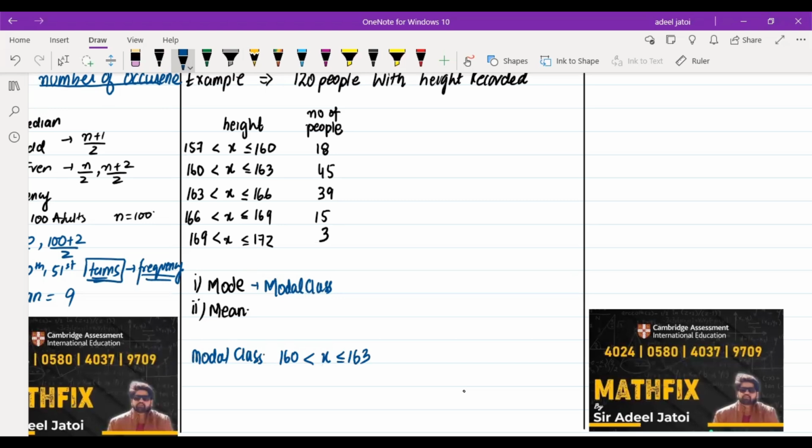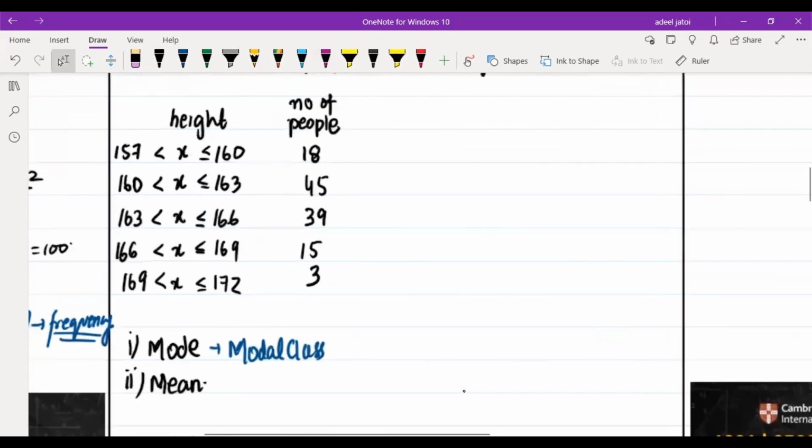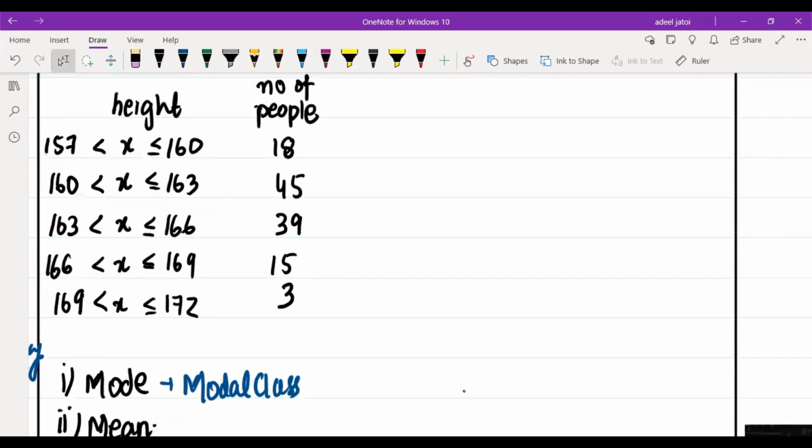But now, in the other part, the question wants you to find the mean. Your formula for mean will still remain the same, that is summation of fx upon summation of f. But when you have a range of data, you do not have a single x given. But you know that the number of people is your f, which is frequency.